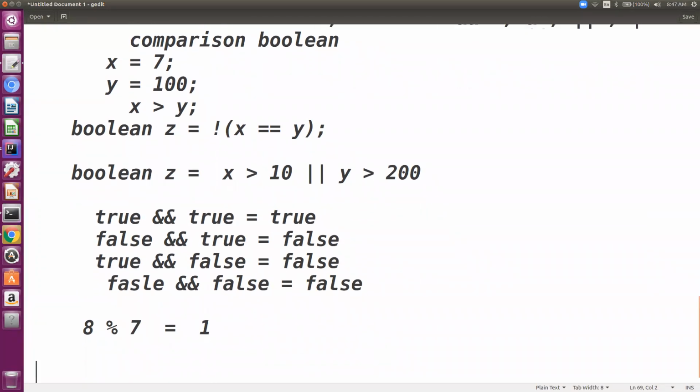For example, 100 percentage 5. What will be the answer? 0. Because with the percentage operator, the remainder will be 0, right?